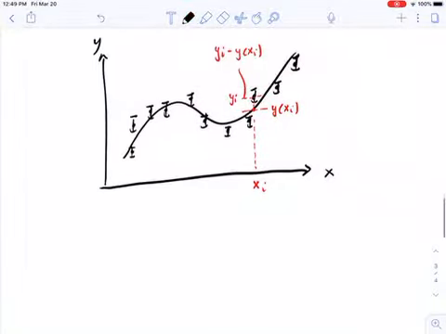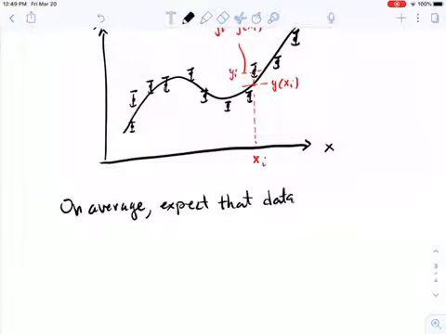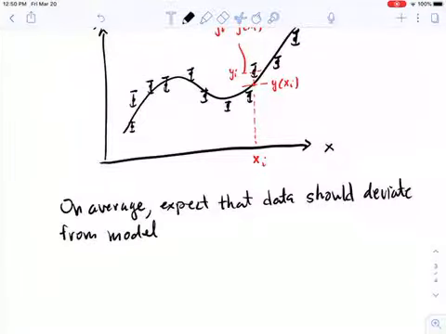Okay, so on average, we would expect that the data should deviate from the model prediction by something that's close to sigma i, right?